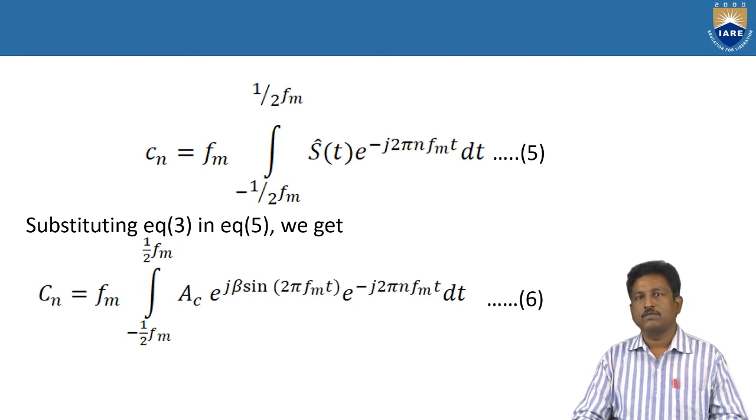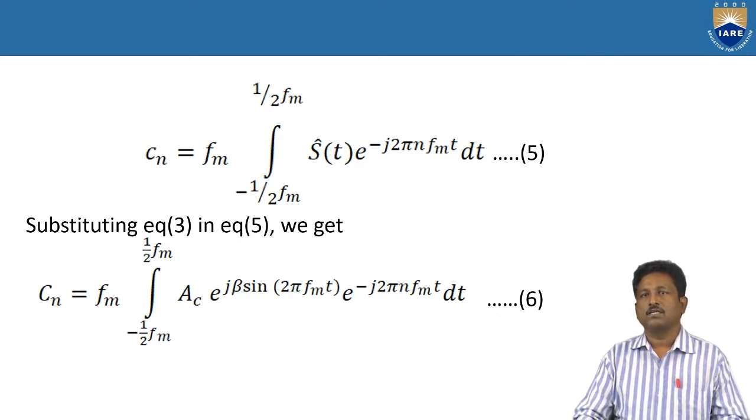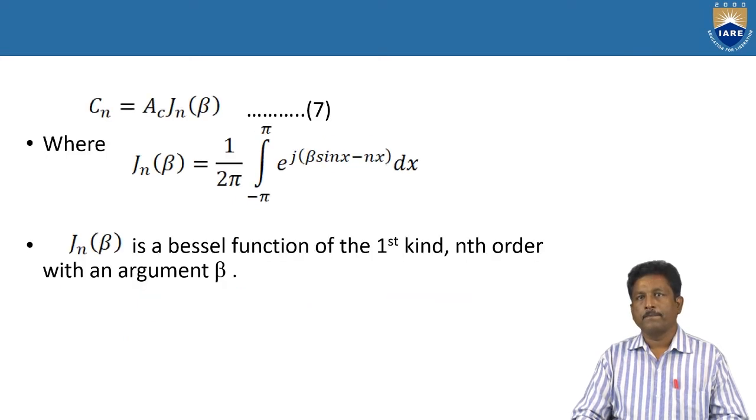The remaining will be the same, where Cn equals AC Jn of beta.